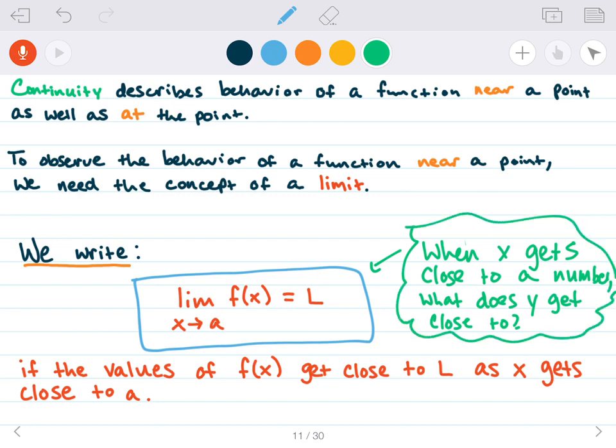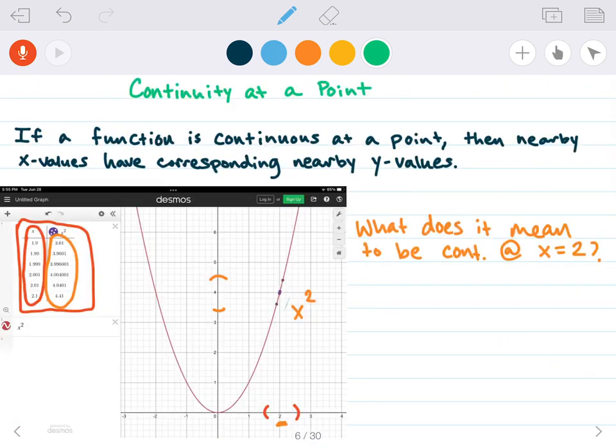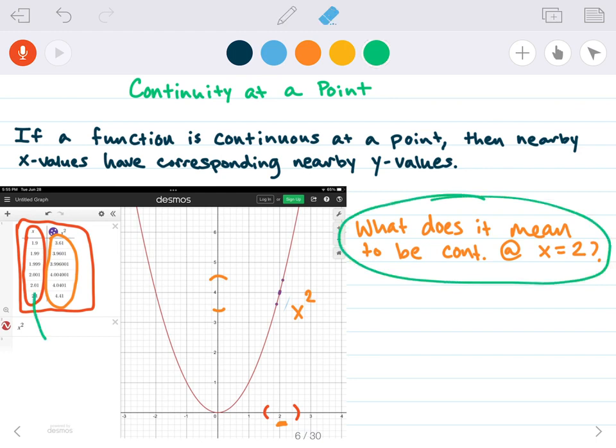So let's go back to this example that we looked at. This is about a limit. So if I ask you, what is the limit as x gets closer and closer to 2, that's what's represented by this table right here. When x gets closer and closer to 2, as we can see, 1.9, 1.99, what's happening to y?